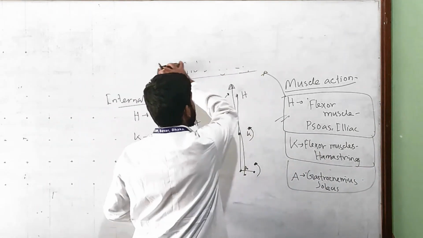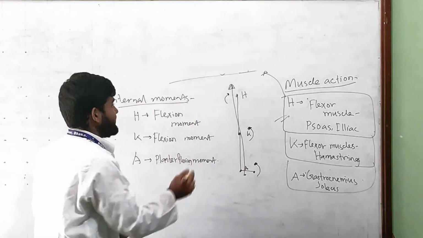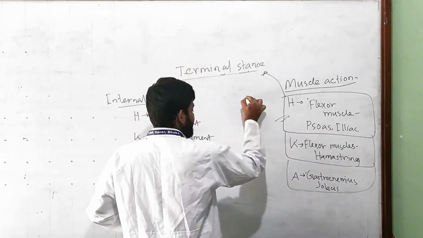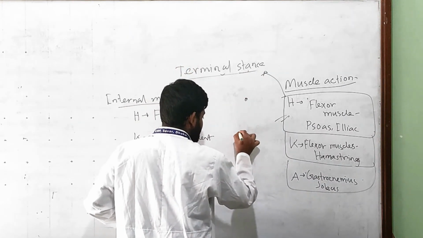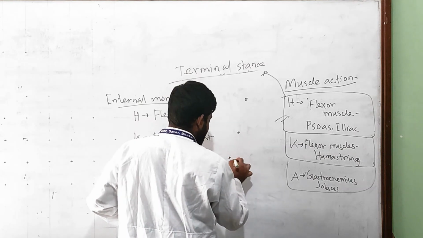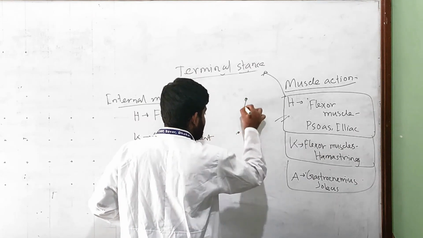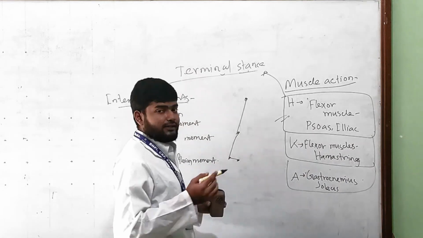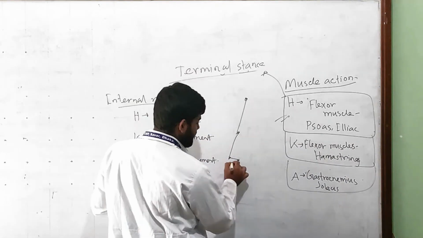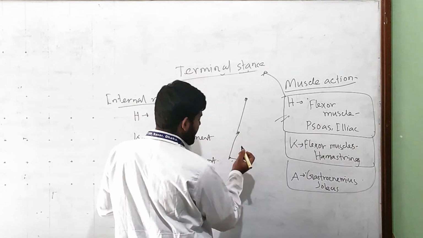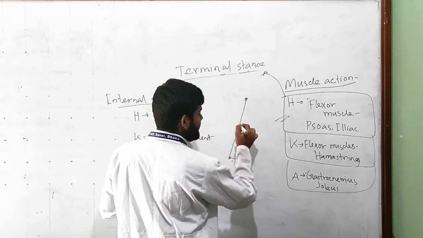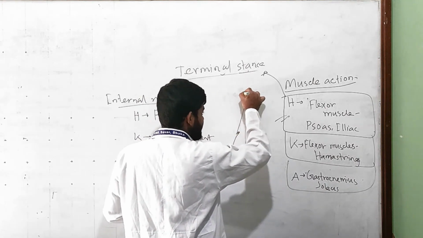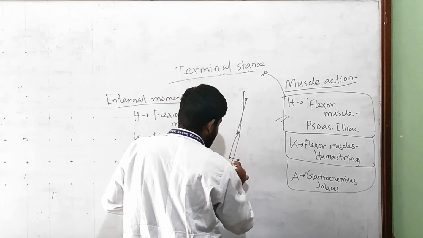And now we come to the terminal stance. For this, our leg looks like this. The ground reaction force will go anteriorly to the ankle joint, anteriorly to the knee joint, and posteriorly to the hip joint.